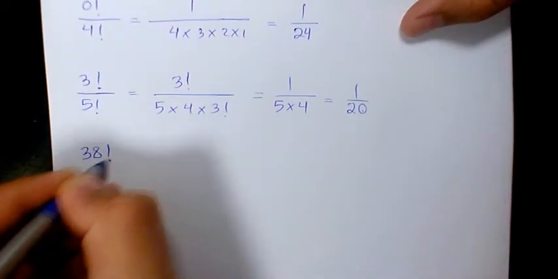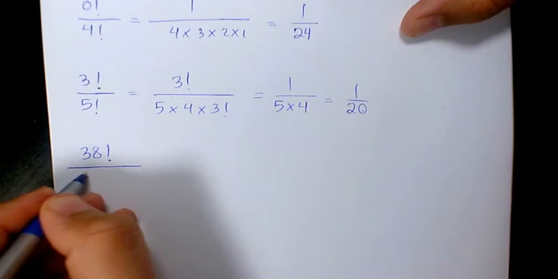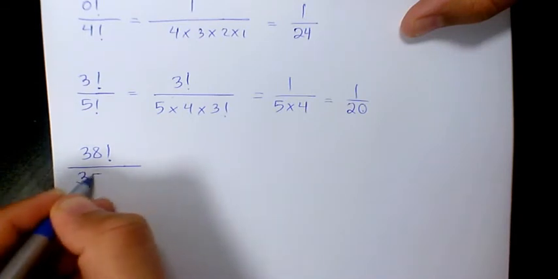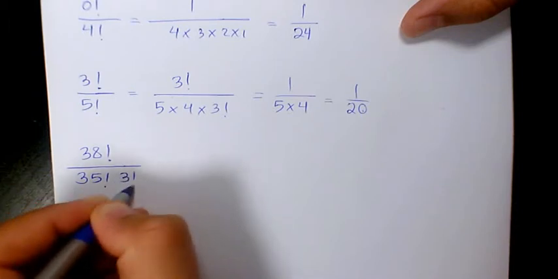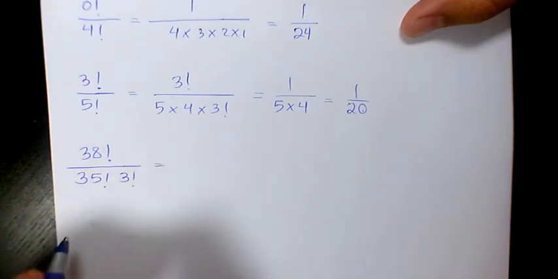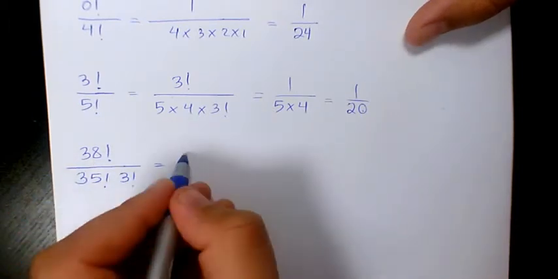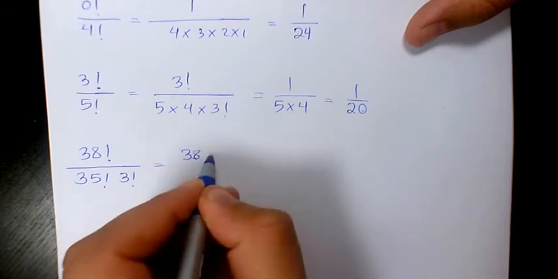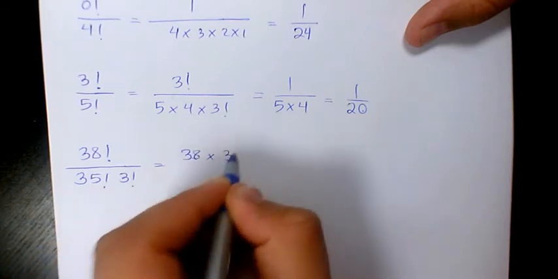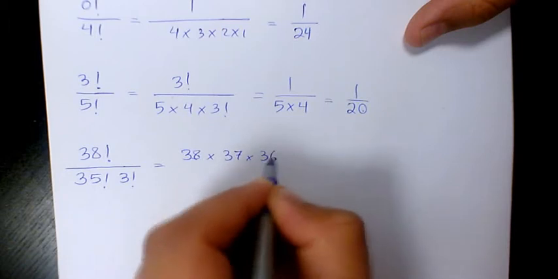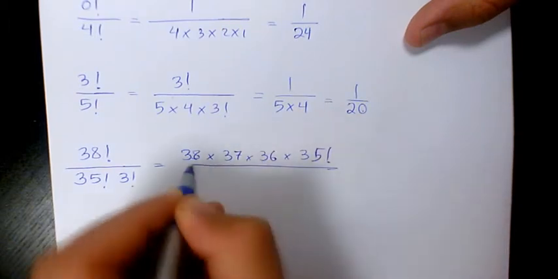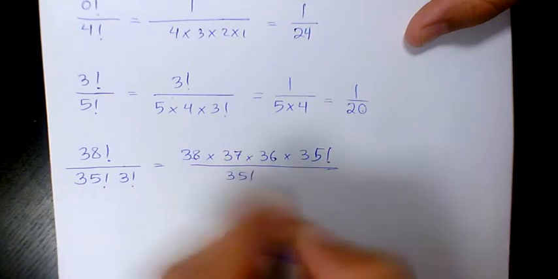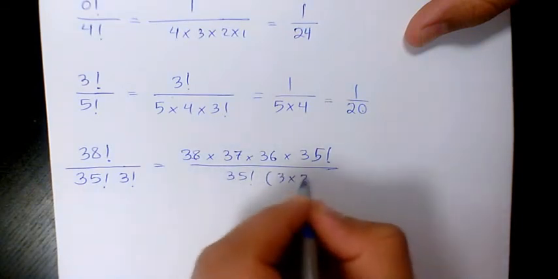Next, 38 factorial divided by 35 factorial multiplied by 3 factorial. That's going to be 38 multiplied by 37 multiplied by 36 multiplied by 35 factorial divided by 35 factorial multiplied by 3 times 2 times 1.